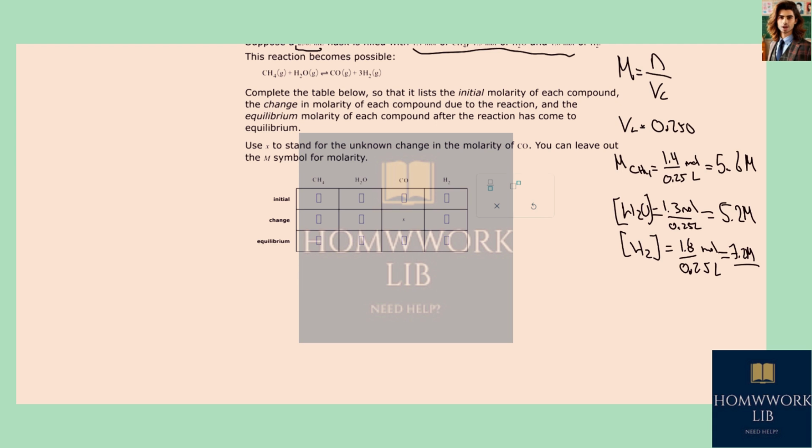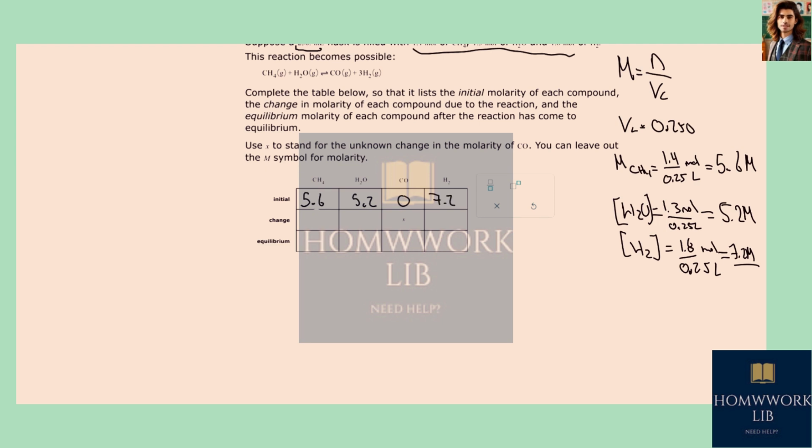Let me just erase these spaces over here to be able to have the results that we're going to get. So the initial amount of CH4 is going to be 5.6. For water, it's going to be 5.2. For CO, we're not going to have anything in our reaction flask at the beginning, but for H2, we're going to have 7.2.